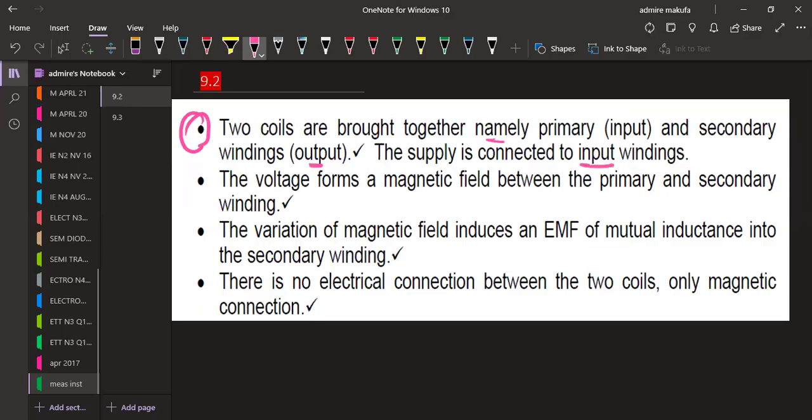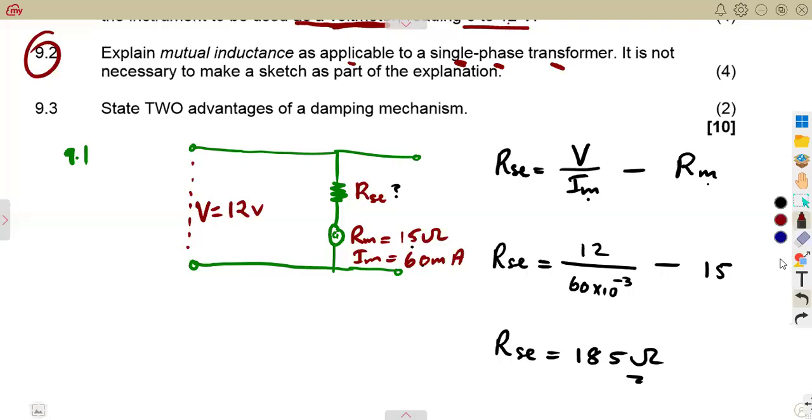The voltage forms a magnetic field between the primary and secondary windings, and the variation of the magnetic field induces an EMF of mutual inductance into the secondary winding. There is no electrical connection between the coils, only magnetic connection to be considered.